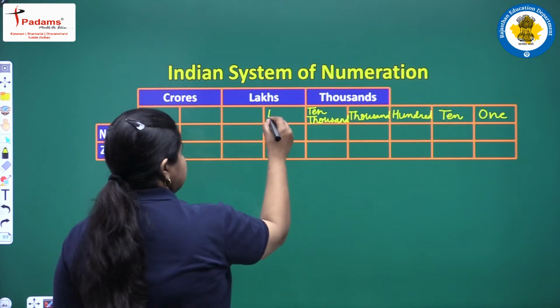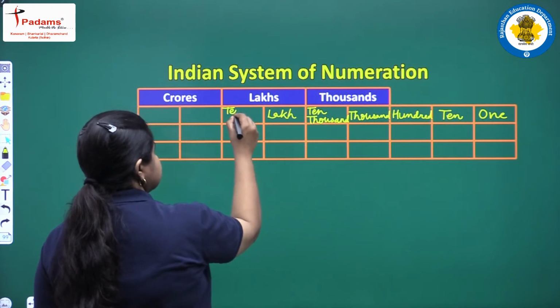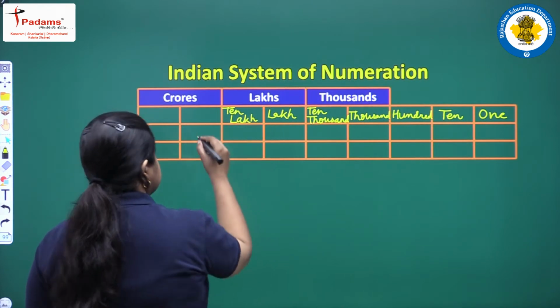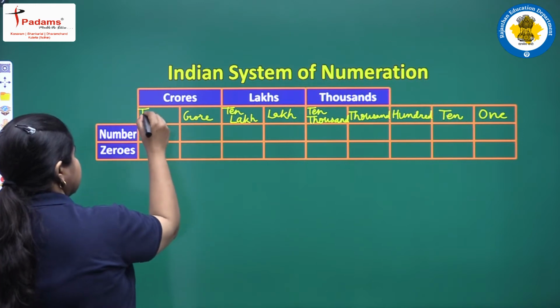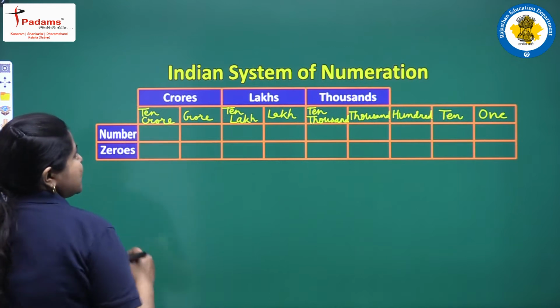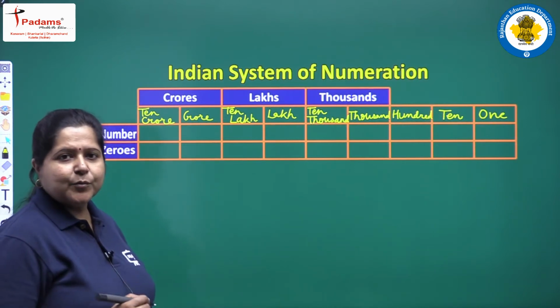Next we have the lakh, then 10 lakh, then crore, and then 10 crore. So these are the place values according to the Indian system of numeration.